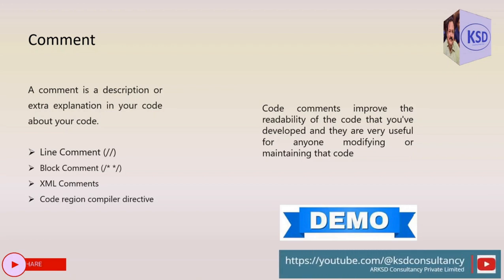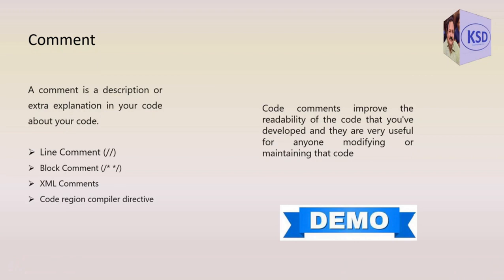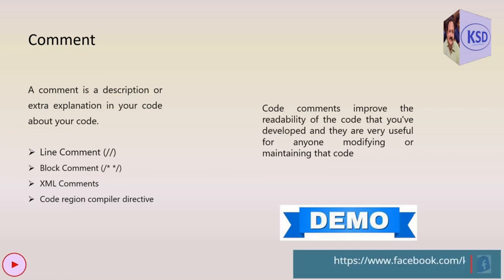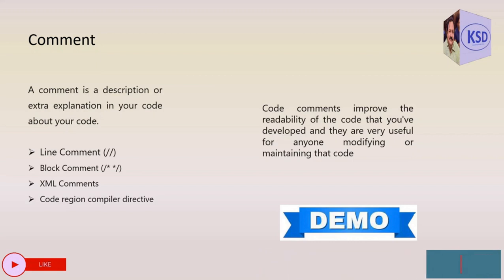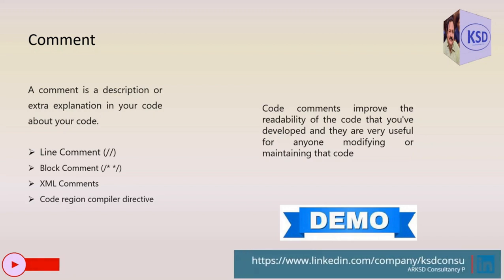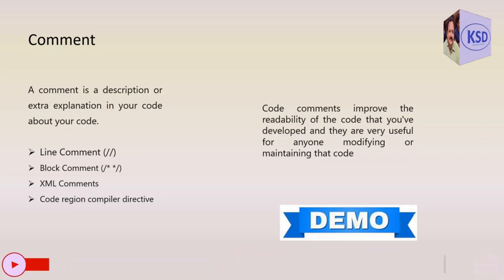Second is your block comment, where at the start you will put one forward slash and a star, and then at the end you will put a star and a forward slash. In Visual Studio, you can select Edit and then Toggle Line Comment, or you can use the shortcuts as defined.